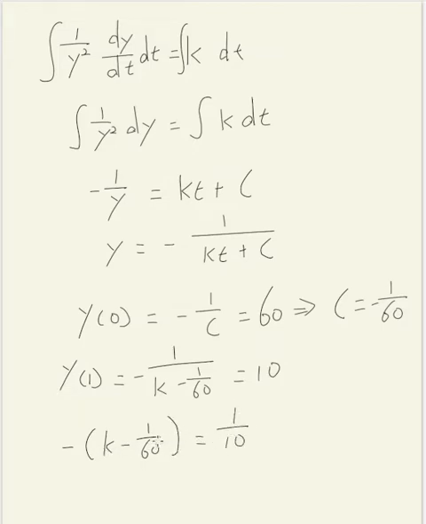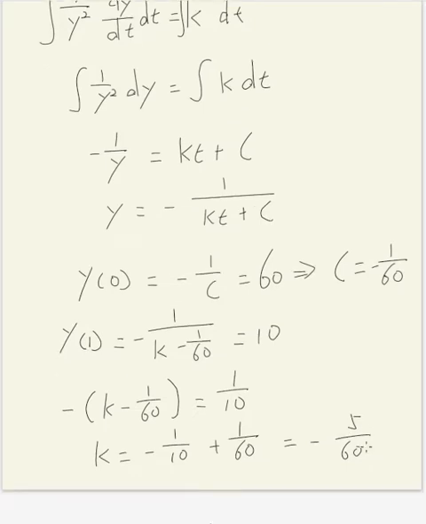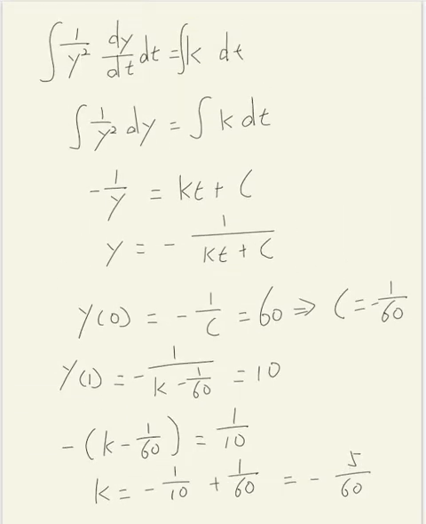Right, so k minus 1 over 60 equals minus 1 over 10. Therefore, k equals minus 1 over 10, then plus 1 over 60. And this will be minus 5 over 60. Then we have our answer, where you just plug k and c in there, and we get our answer.